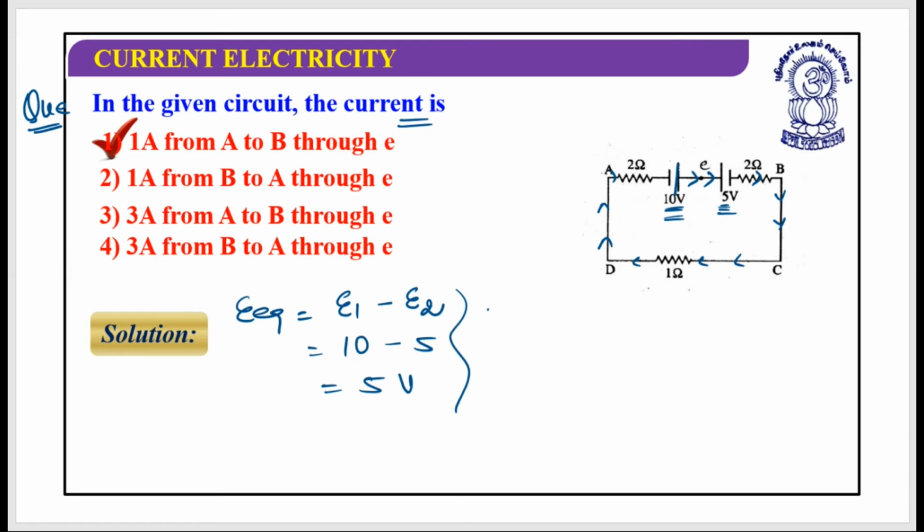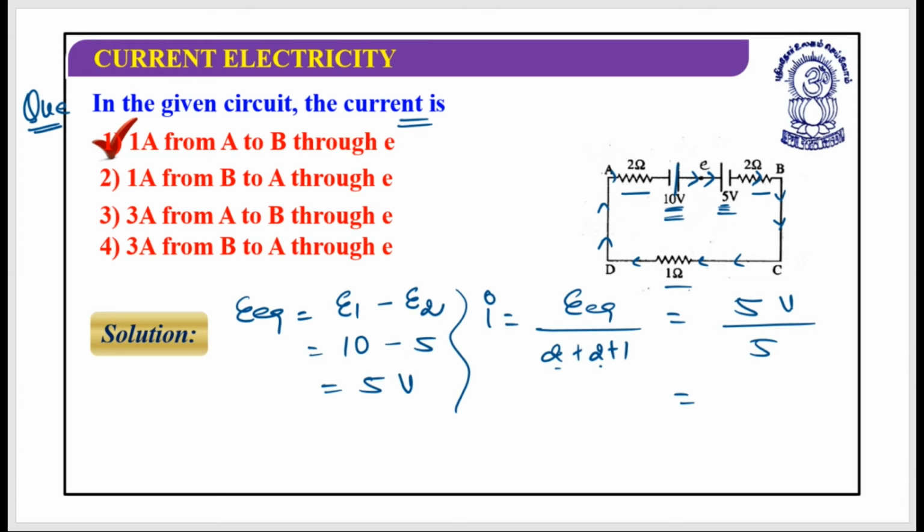Now find out the current. I is equal to E equivalent divided by the resistance of 2 ohm, 2 and 1. It's 2 plus 2 plus 1. The E equivalent is 5 volt, divided by 2 plus 2 is 4, 4 plus 1 is 5.